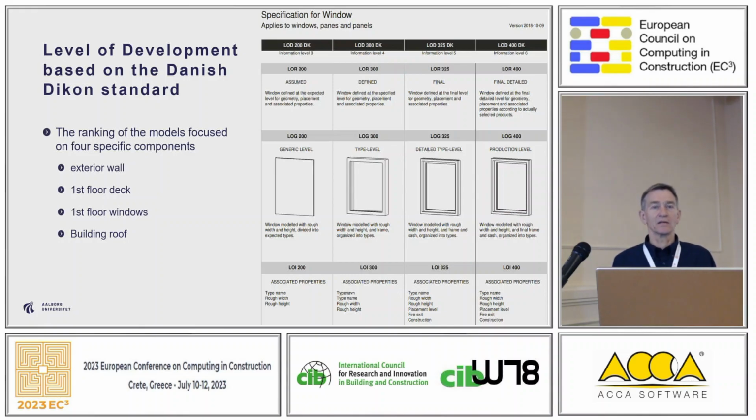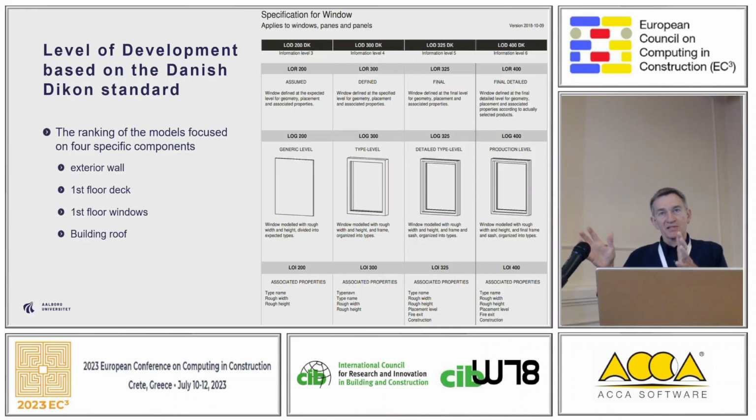How we defined level of detail is we used a Danish definition. There's a group of companies in Denmark called Decon, and they have made their own level of detail standard, where they have a level of reliability, level of geometry, and level of information.